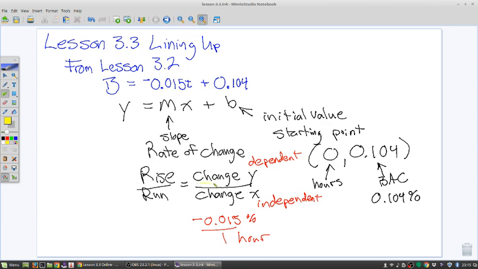So in this case, our change in y was the drop in blood alcohol content as a percentage, and the change in x was the increase in each additional hour. So that's the idea of linear change. In the previous lesson, we graphed the situation and found that this person's blood alcohol dropped in a straight line pattern according to this formula. So let's look at a few other examples of linear change.